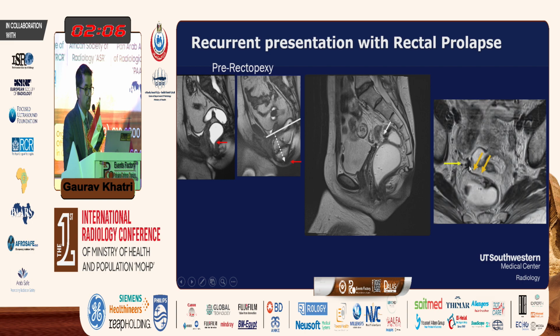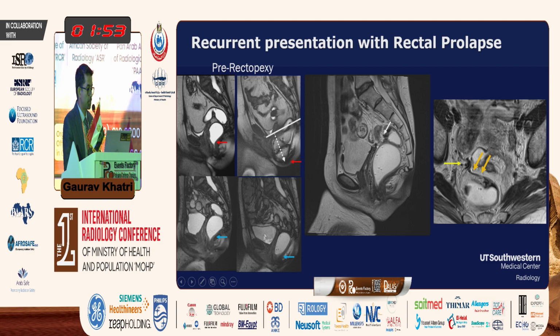And here it is here, going from the sacrocolpopexy mesh. This dark line here is the newly placed rectopexy mesh to the anterior rectal wall. So this is very subtle, but this is what we're looking for. And then you can see after the rectopexy that the rectal descent is much improved compared to the pre-rectopexy image.